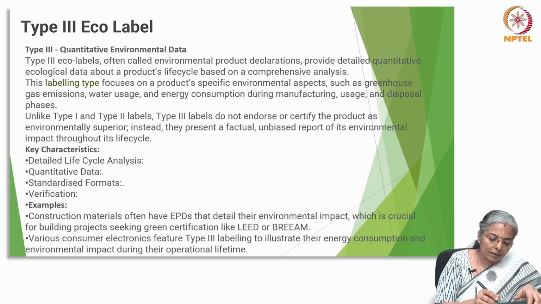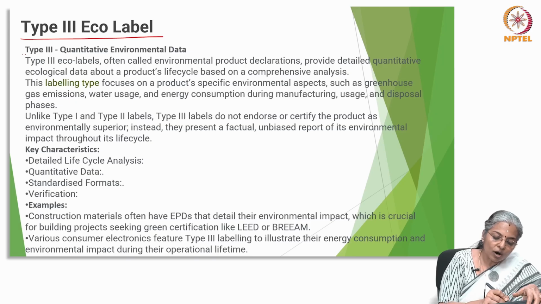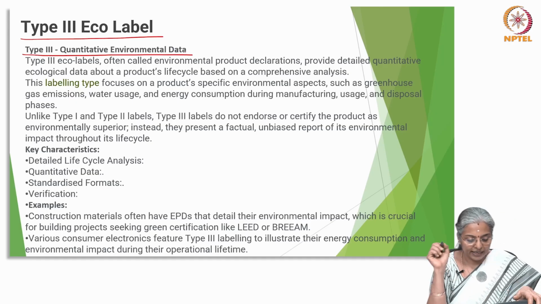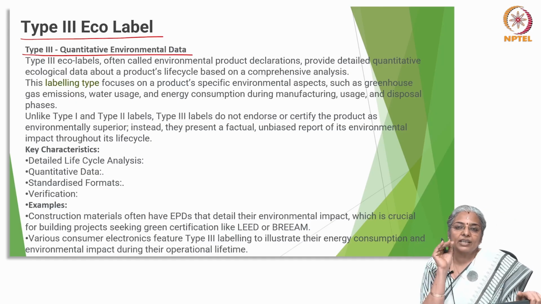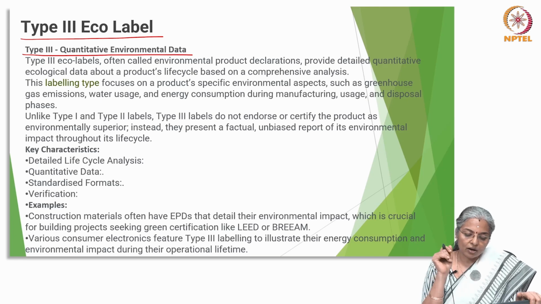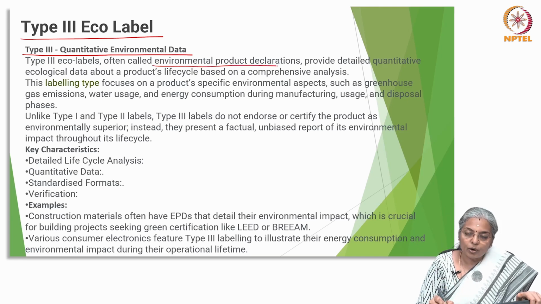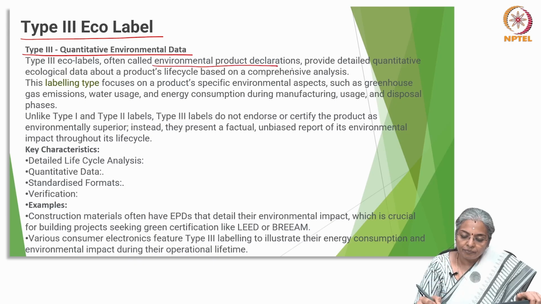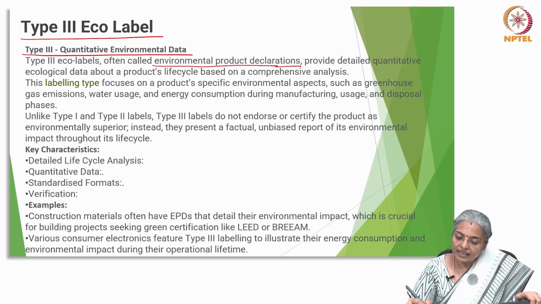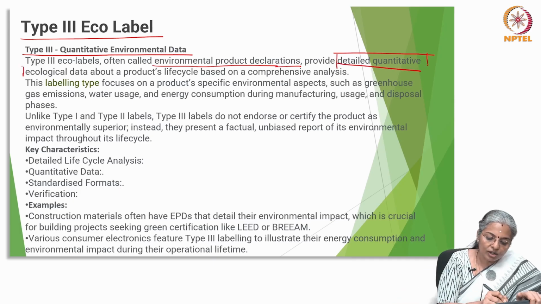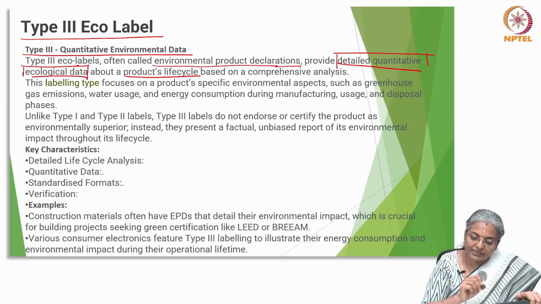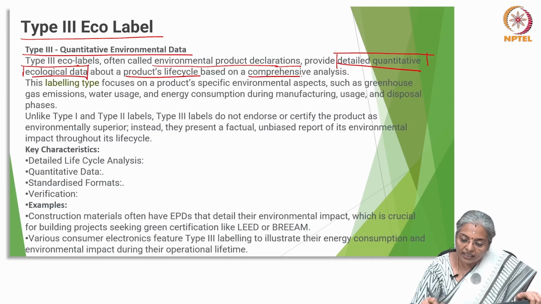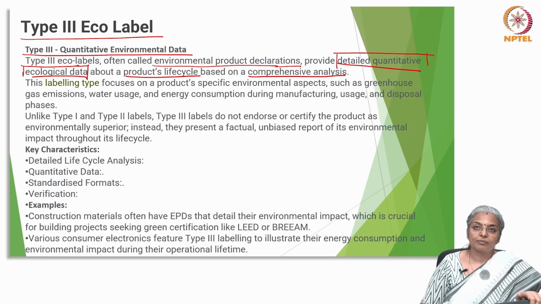Then the third type is the eco label type 3, which is quantitative environmental data. So, type 3 eco labels are called as environmental product declarations, and they provide a very detailed and quantitative ecological data about the product's life cycle after conducting comprehensive analysis.